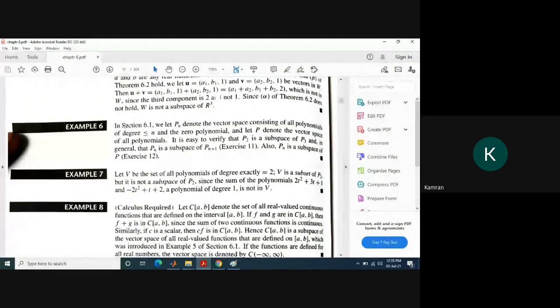Question number 6. In exercise 6.1, we let Pn denote the space of all polynomials of degree less than or equal to n, with 0 as a polynomial, and P denote the vector space of all polynomials. It is easy to verify that P2 is a subspace of P3 and in general Pn is a subspace of Pn plus 1.